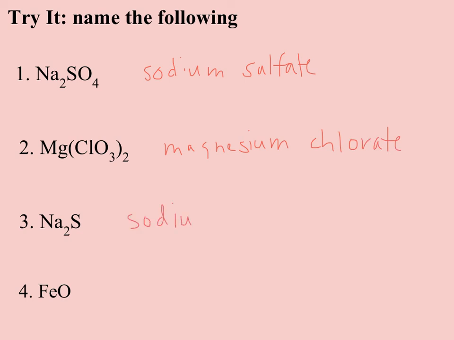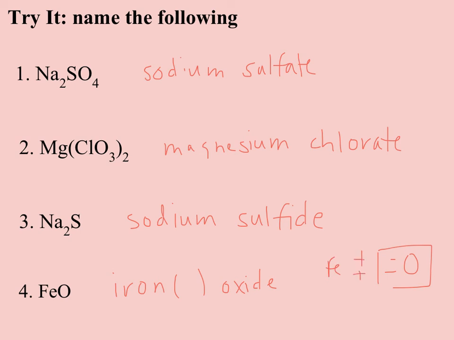And then I have sodium with just sulfur, so this becomes sulfide. And then I have iron with oxygen, so it's going to be iron oxide. But again, it's a transition metal, so I need to figure out that number. Oxygen needs 2 electrons. I only have 1 iron combining with it, so I know this must be iron 2 oxide.